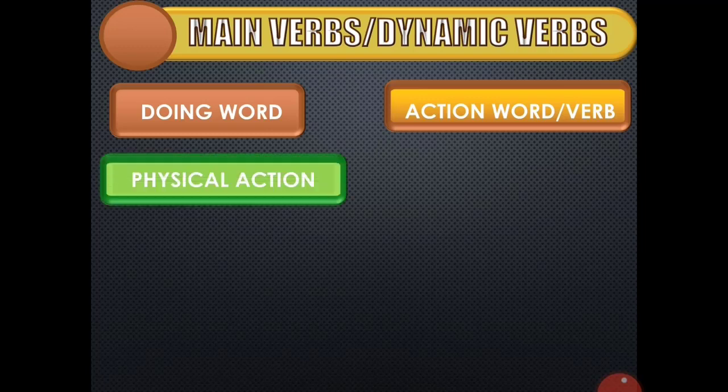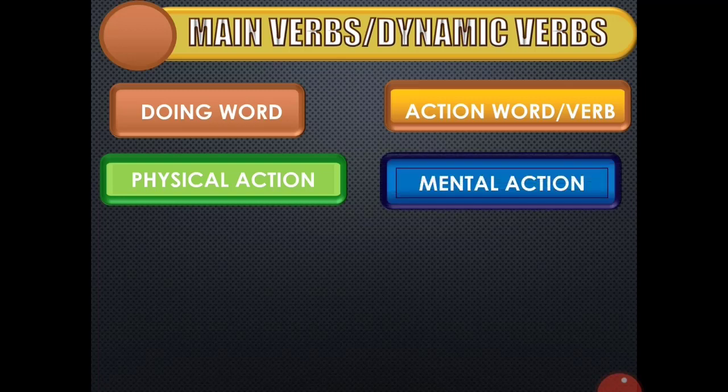In action words we have physical action and mental action. Physical action is doing something physically, but mental action is something that we do with our mind or our brain. Understand?